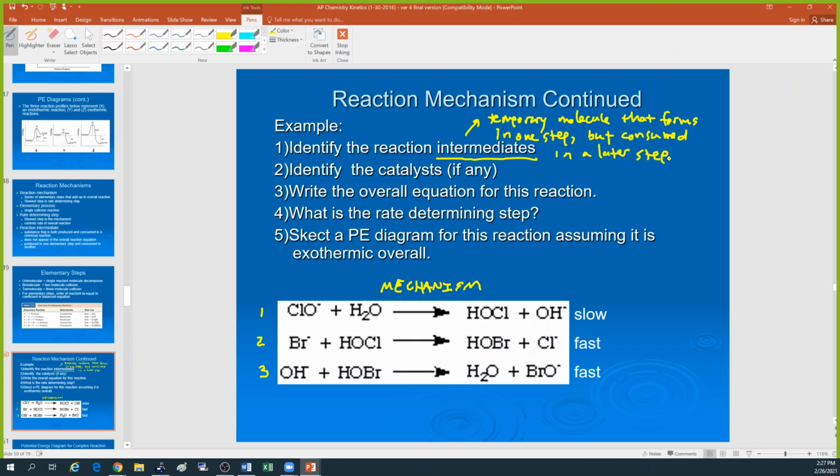And what that means is it's not part of the overall reaction. It's transient. It's formed in part of the process, but then consumed. So it's kind of a stepping stone on our way to the final products.